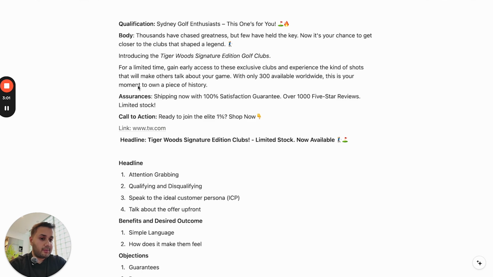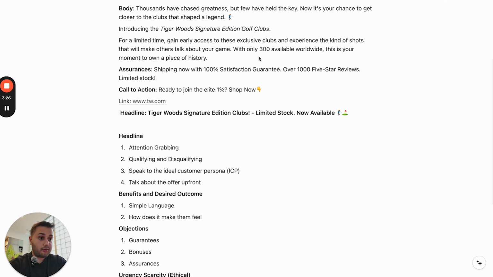Again, it's got a very emotional tone to it, but at the same time, it's speaking of Tiger Woods, making him into this mythic figure, a legend, which he is, and we're now offering people a way to feel similar to what Tiger Woods would have felt by introducing them to the Tiger Woods Signature Edition golf clubs.